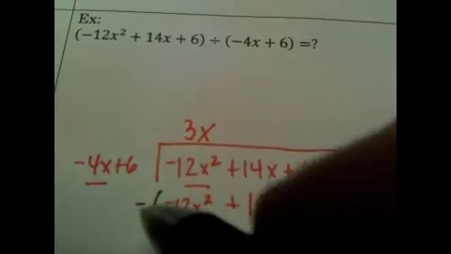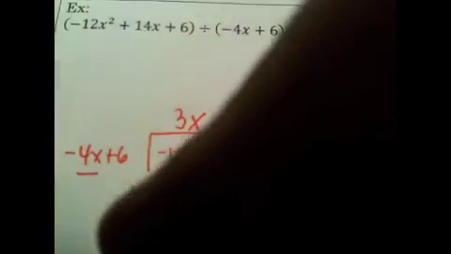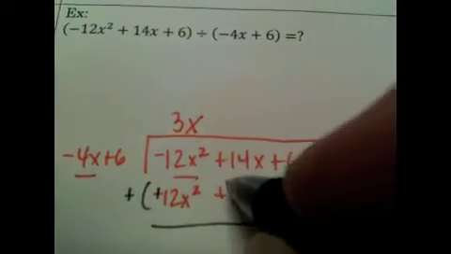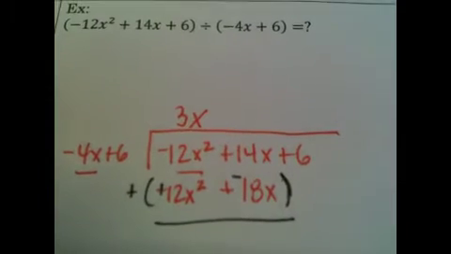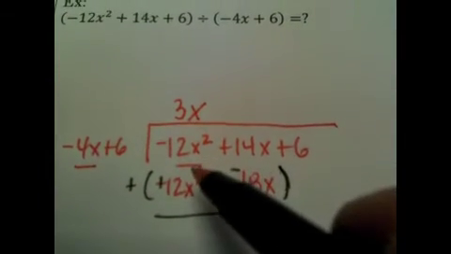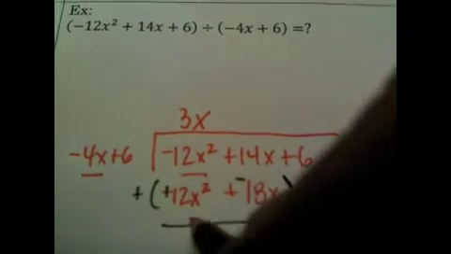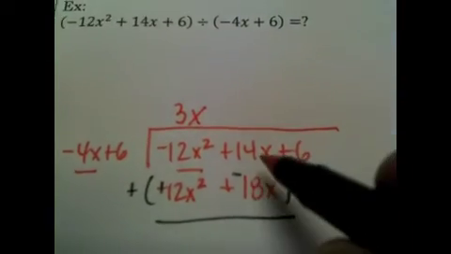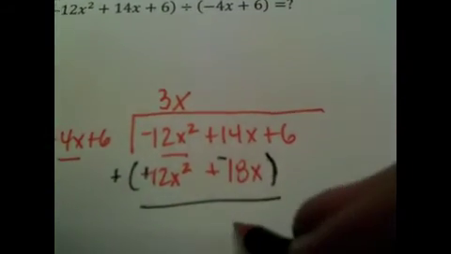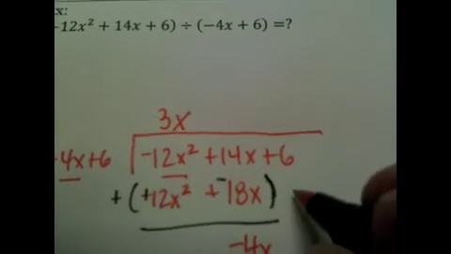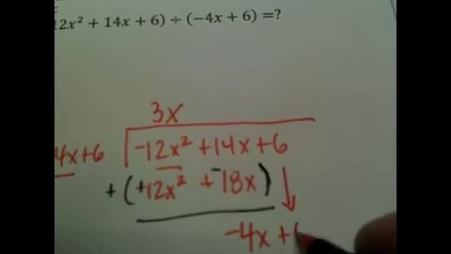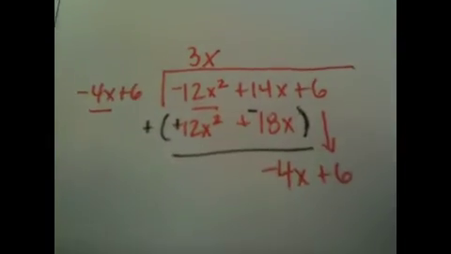And when you subtract, remember subtracting polynomials is distribution of a negative, which changes your signs. Okay, so negative 12x squared plus 12x squared, it goes away, 0. 14x plus negative 18x is negative 4x. Bring down your 6.